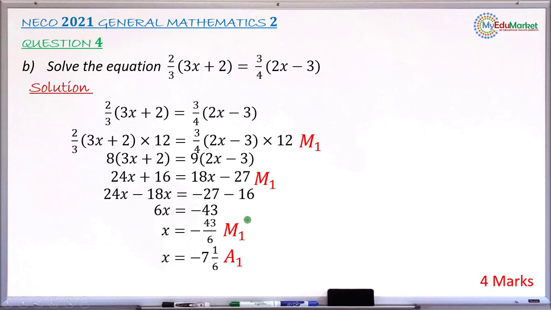Next mark is solving this up to the end where you divided both sides by 6. You have this method 1 mark. And when you have the value of x as minus 7 whole number 1 over 6 correctly, you have this accuracy 1 mark. So in total, if everything is done correctly in this question, you have 4 good marks.